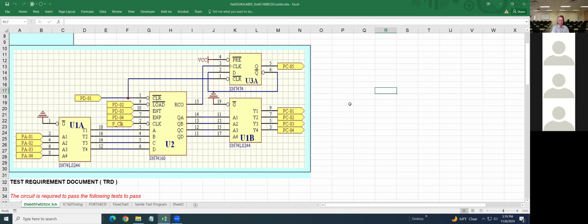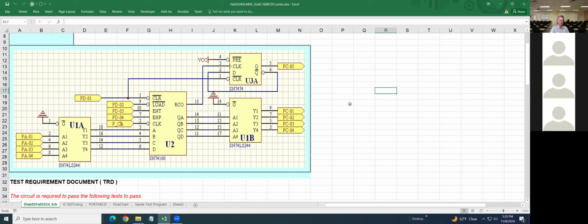So for the test, you have to understand where they apply the signal and where they measure the output. So that's why you trace where the signal will be going.